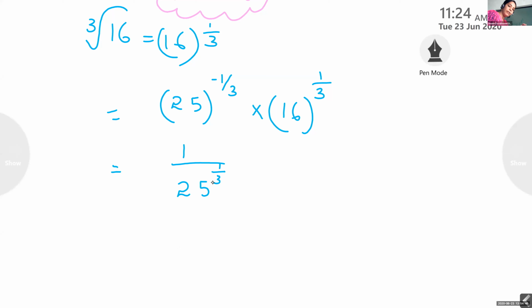Exponents upside down we are not writing. We are writing the base's reciprocal only. If it is 3 by 5, we write 5 by 3. If it is simply 25, we write 1 by 25. But remember, the exponent is always the same. We can write negative and positive.